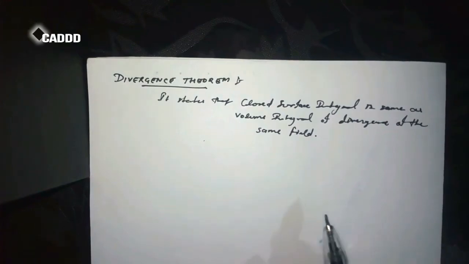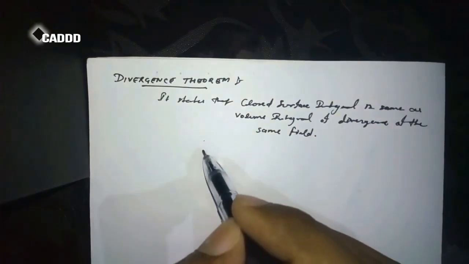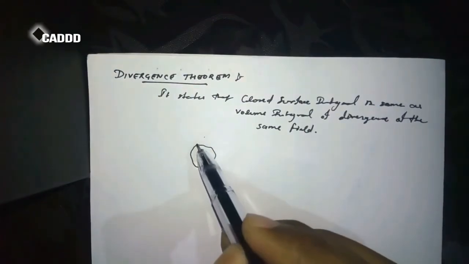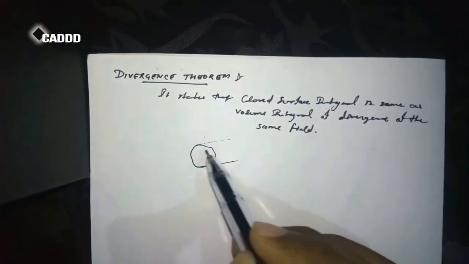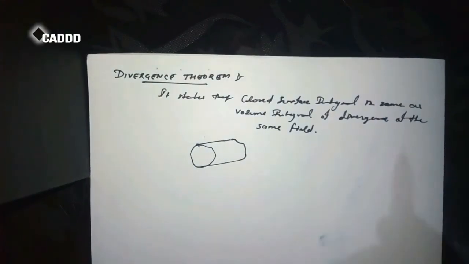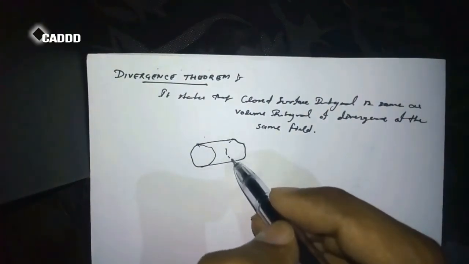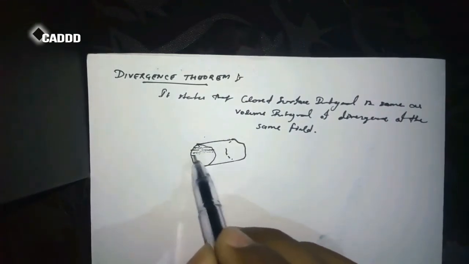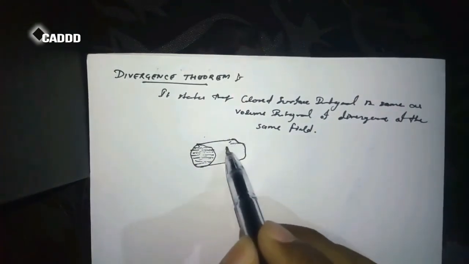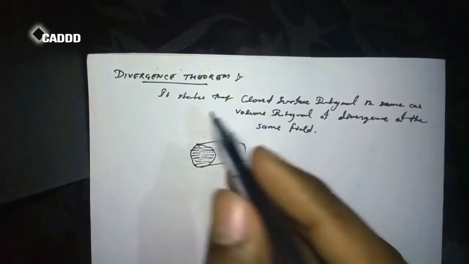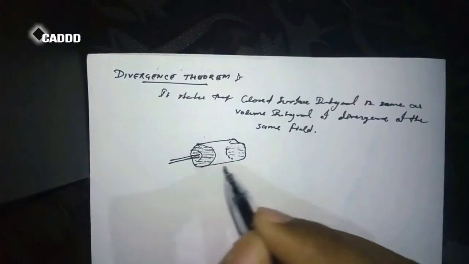So this means that let's say we have a closed surface. Let's say we have a rough pipe which is like this, and this is closed at both ends. So this pipe is hollow.